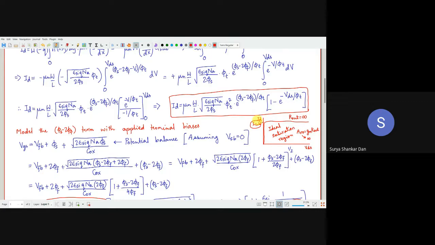What are the advantages? Number one, your currents will be lower. That means your power will be much less. But at the same time, आपका gain is infinite.